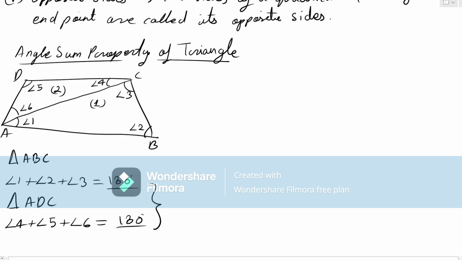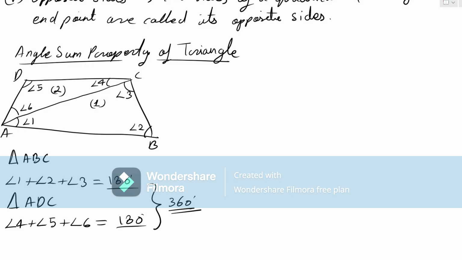Now when we add these two, since they are forming inside the same quadrilateral, right? It's not like one triangle is in another quadrilateral and the other in some other. So we are going to add the angles, and they are going to result in 360 degree.